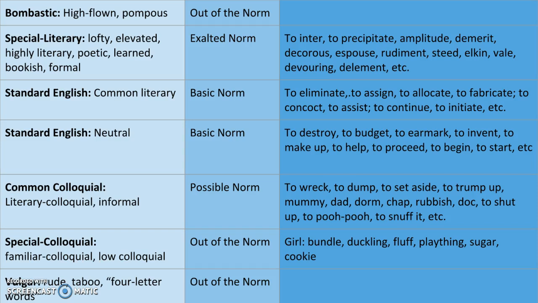I'm not really a fan of any of these terms, but darling maybe, but it's the idea that these are slang terms that are used to describe a girl. And so there are so many slang terms. And the reason why they're considered out of the norm is because to some people, they would be considered insulting. If somebody called you a plaything or a duckling or a fluff or a cookie and you got mad at them, that would be understandable, okay?